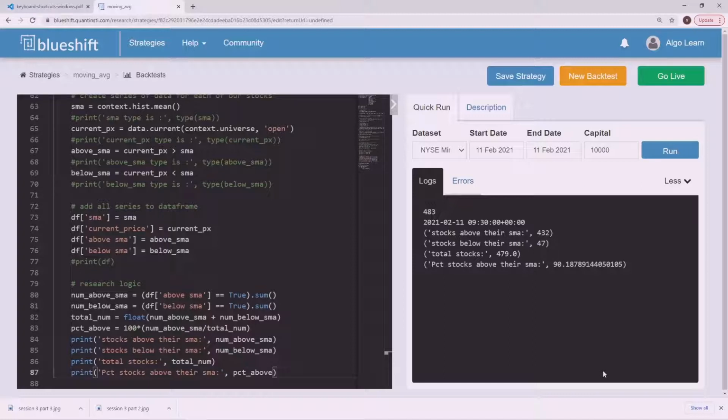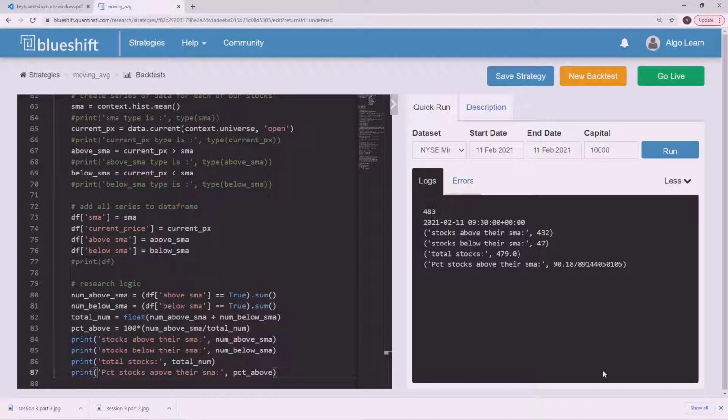Then when the market opened, we calculated our SMAs and then pulled the current price down. Now we are comparing the current price versus the 200 moving day average. We put them all into a DataFrame, and then we started comparing, and then we summed all the trues for above SMA.